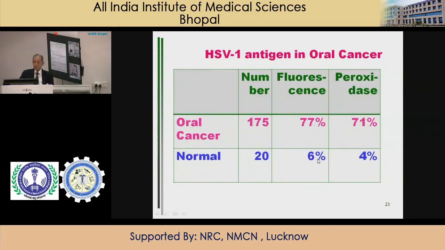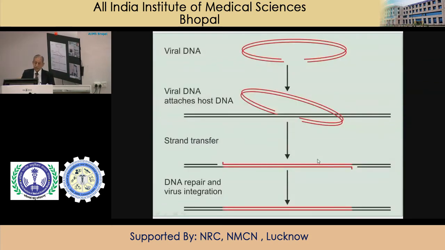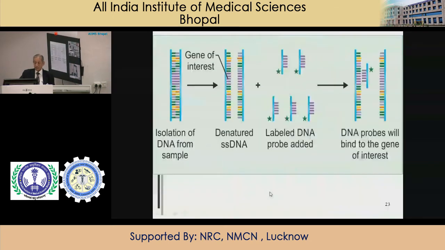Next is whether this viral DNA is integrated or not. It is very well known that viruses attach to the host cell, and in the DNA repair this virus is integrated. Whether that is done in these cases was the next question. Therefore, we take the DNA from the sample, denatured into single-stranded DNA, and add the DNA probe.